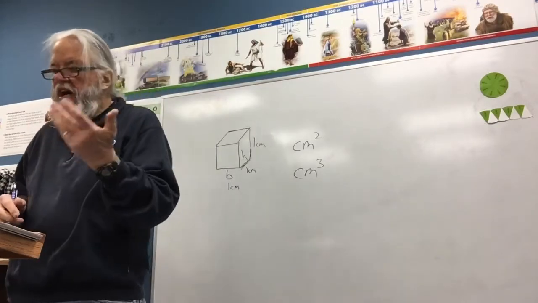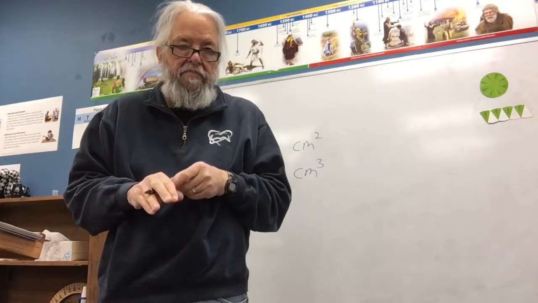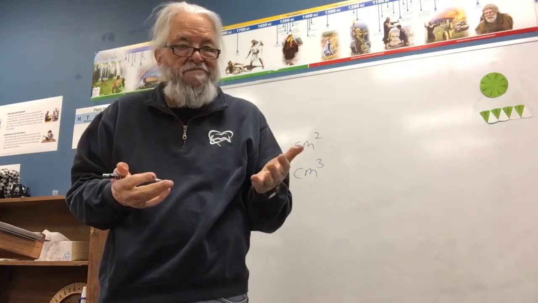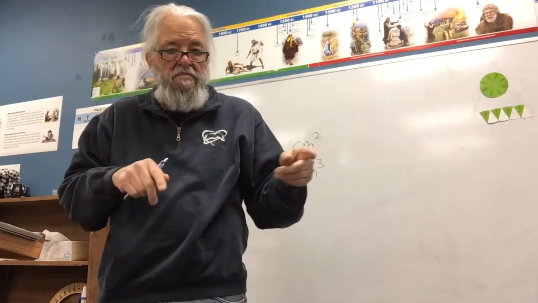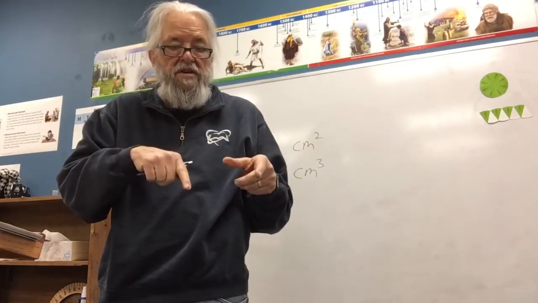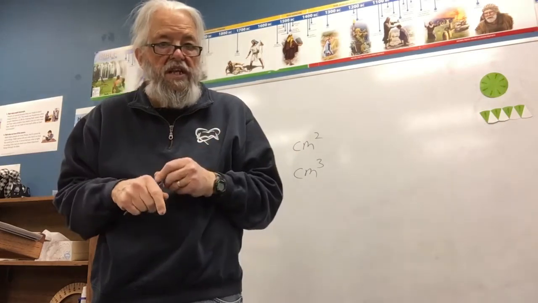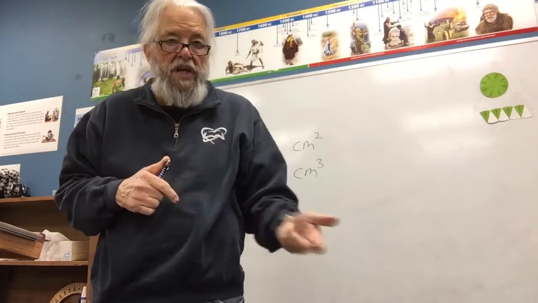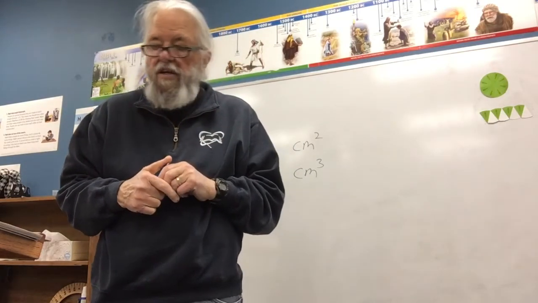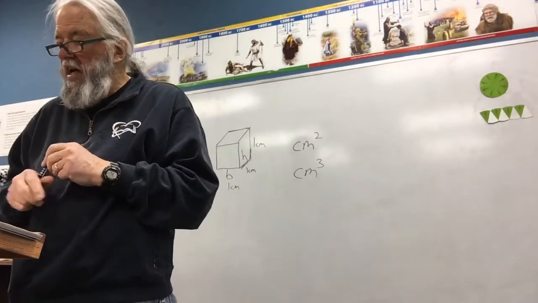So, as long as you have a square or rectangle, the volume is length times width times height. The two sides of the base multiplied together times the height. So you're getting that answer in cubic units. All right? So that's what you're looking at in the first part of that.